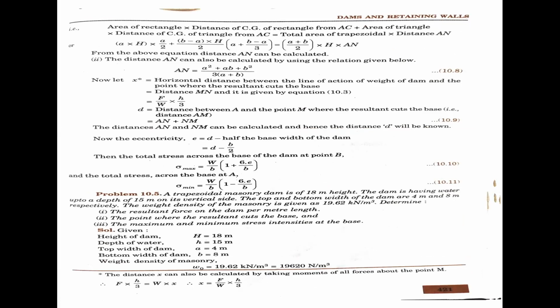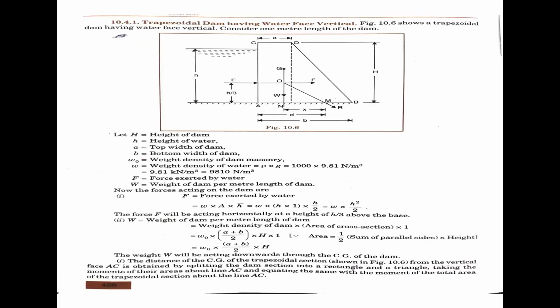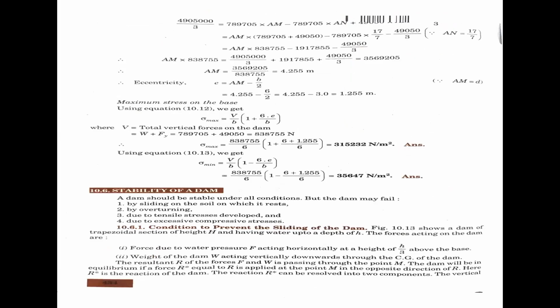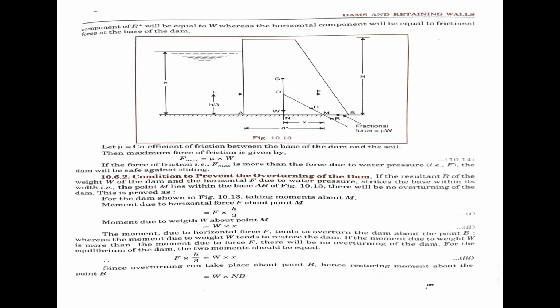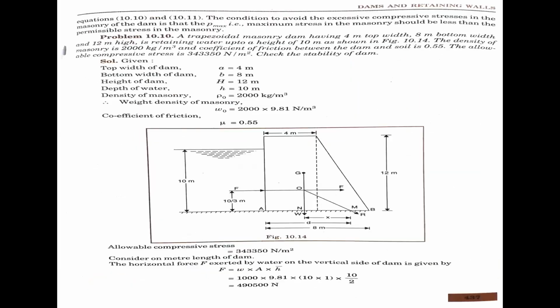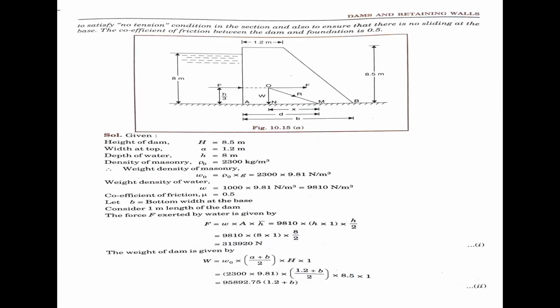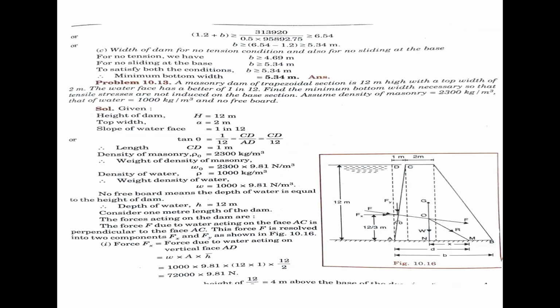Simple formulas you have to calculate, and for rectangular dams and trapezoidal dams you have to calculate the problems on the derivation part. Next class, lecture 28, I will explain stability of dam, very important. The stability condition, derivation part and example problems are there. This stability of dams example problem is completed.